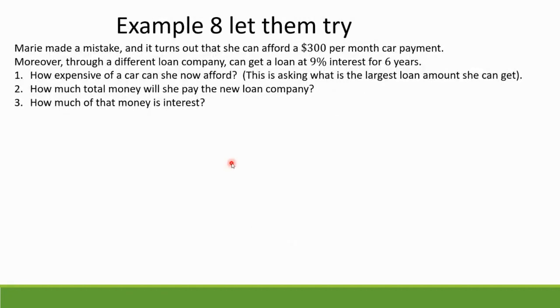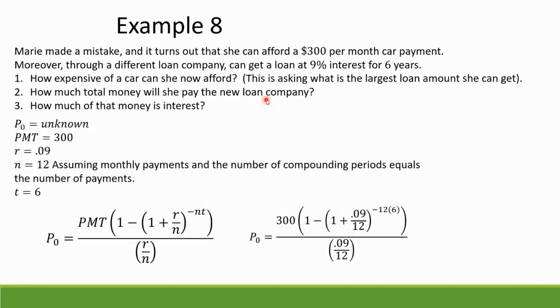So here's another one. I was going to have everyone try this, but let's just do it. Let's suppose now it turns out that Marie made a mistake, and she's actually able to pay $300 per month for a car payment.